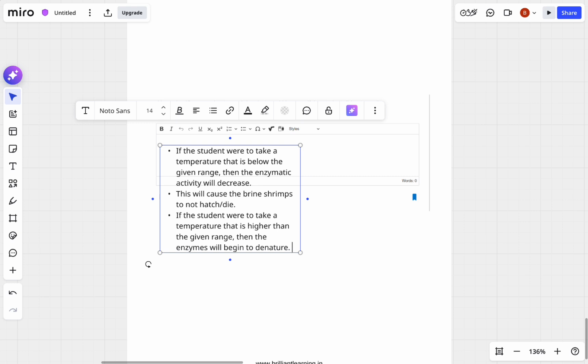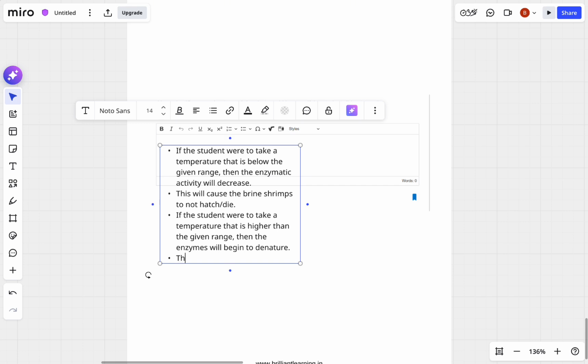So the enzyme activity will slowly start to denature because they do not work efficiently in that environment. So the enzymes will begin to denature, and then similarly, obviously once again the shrimps are going to die.